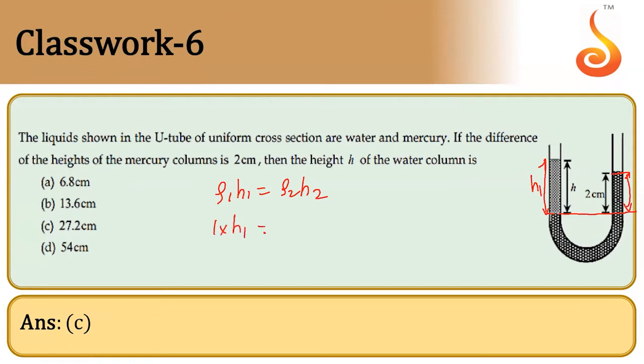Rho 2 is 13.6 gram per centimeter cube, H2 is 2. Yesterday I covered this concept. So H1 is equal to 27.2 centimeter. Directly you can apply the formula. All the problems can be done with the help of the concepts, the topics which I gave.